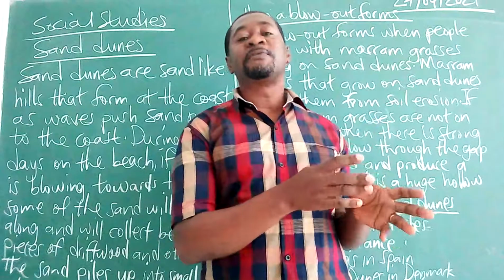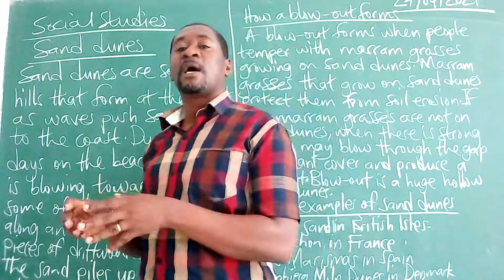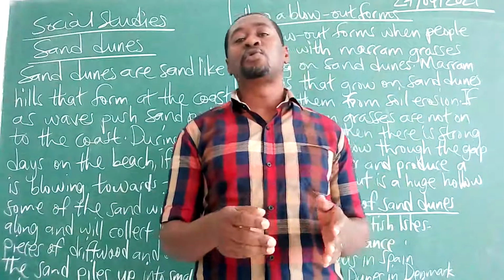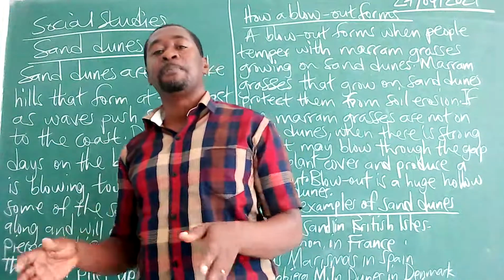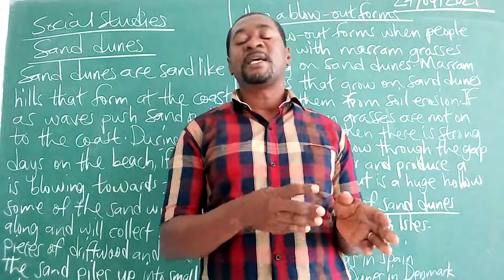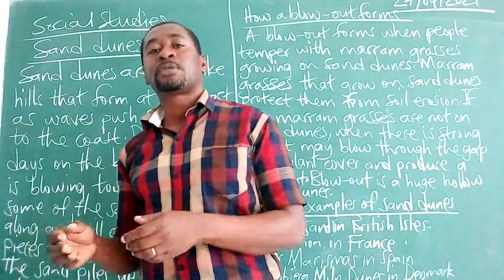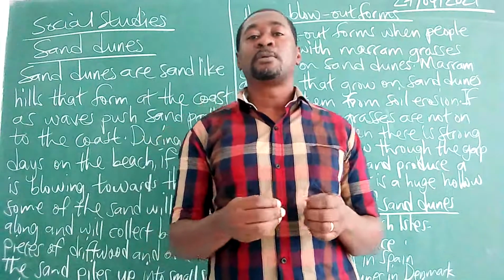We have human activities and then we have natural activities. Human activities are what human beings go to the beach to do. And the natural activities that happen at the coast, one is what?